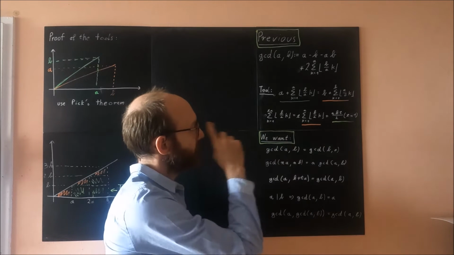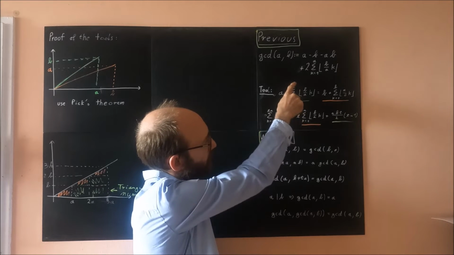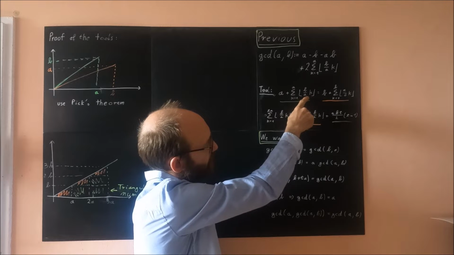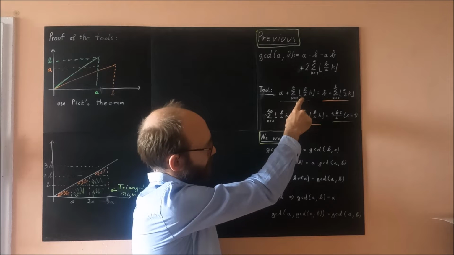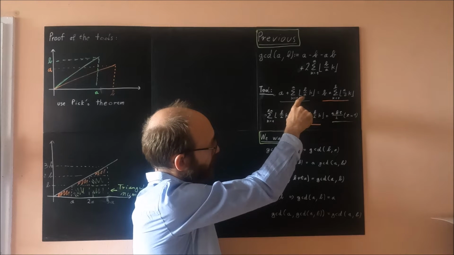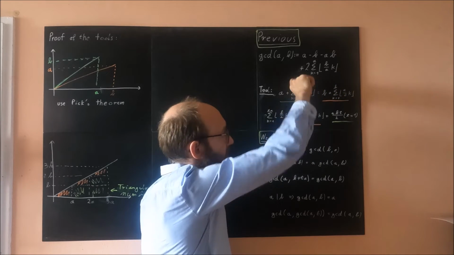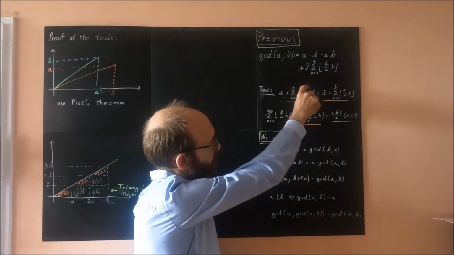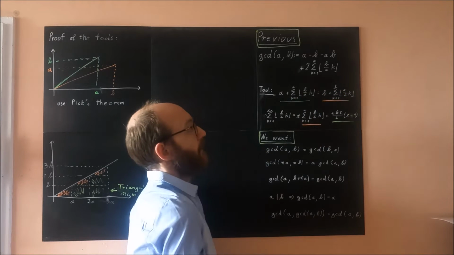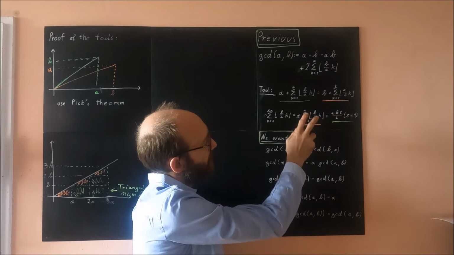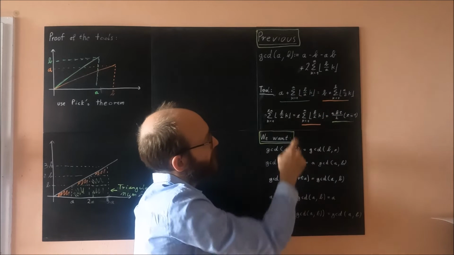The first one is if we have a sum where k runs from 1 to a over the floor of b over a times k, then we can change the upper bound to b and exchange b and a, and so we can convert this sum to the other or the other way around.